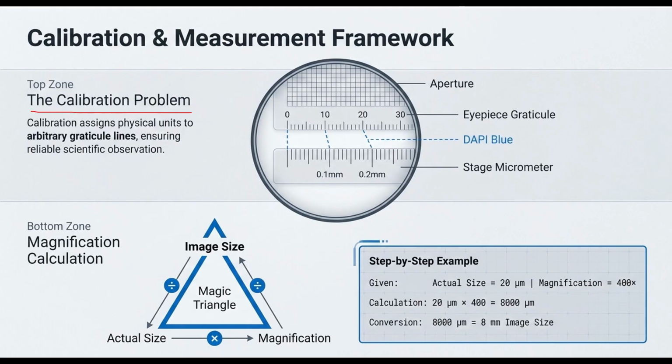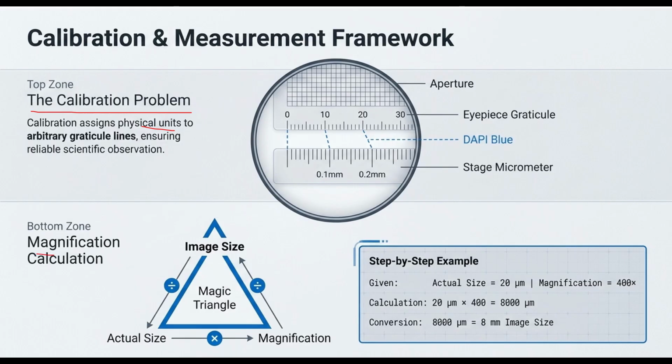The calibration is achieved using a stage micrometer which contains a precisely measured scale. By comparing the two scales, scientists determine the actual dimensions represented by each graticule division. Okay, so calibration assigns physical units to arbitrary graticule lines, ensuring reliable scientific observation.